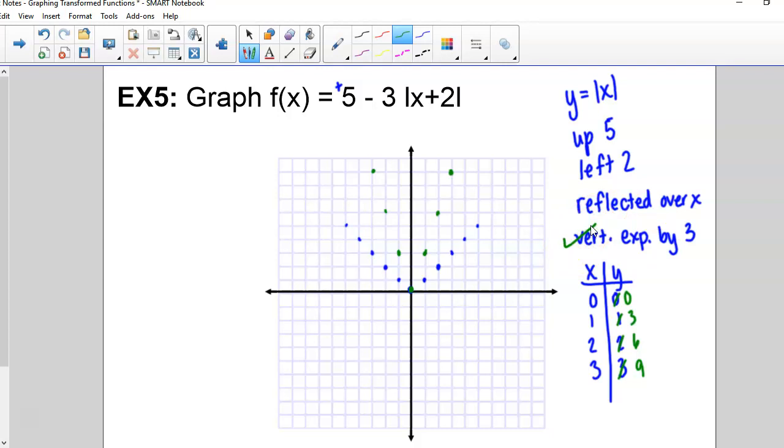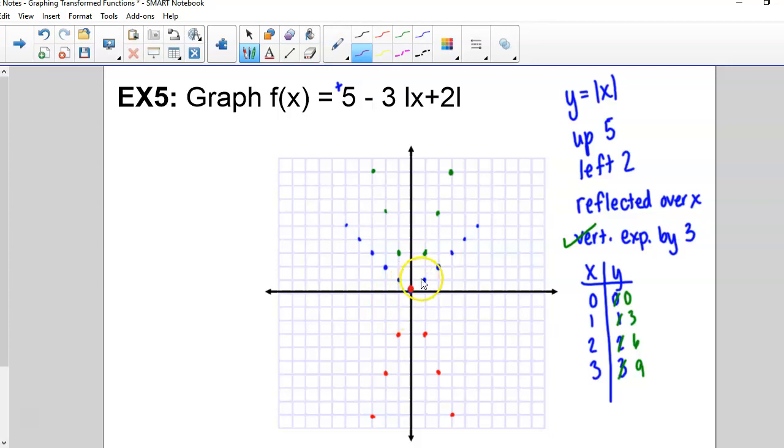Now we need to reflect it over the x-axis. So I'm just going to take all those green points and flip them upside down. And now, once we do that, all of our new red points need to go up 5 and left 2.